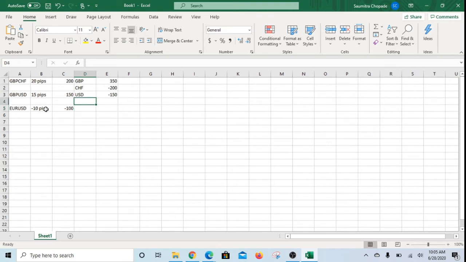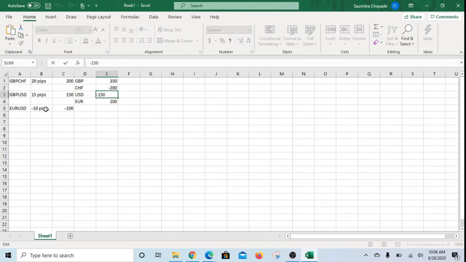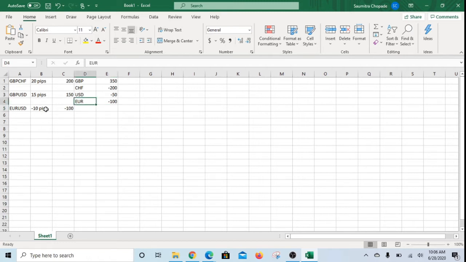So now we have one more currency here. So euro gets minus 100 points, and USD now gets minus 150 from the previous one and plus 100 from this one. Sorry, I made a mistake earlier. Now you see how this is building up.